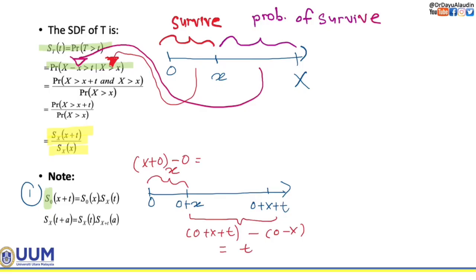So that's why S0 at x plus t is S0 at x times Sx at t. This one is x and 0 because the current age is 0, and this is the current age x. That's why it becomes S0(x) and Sx(t).